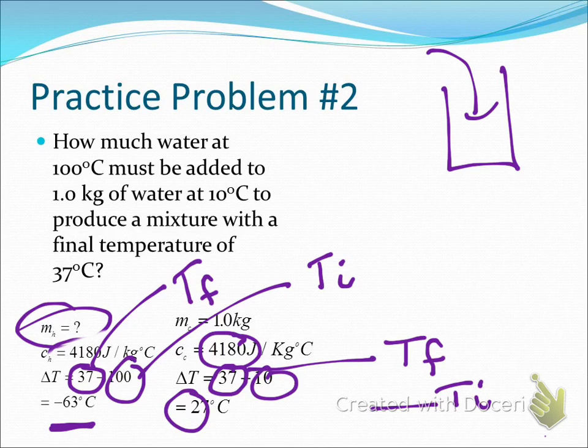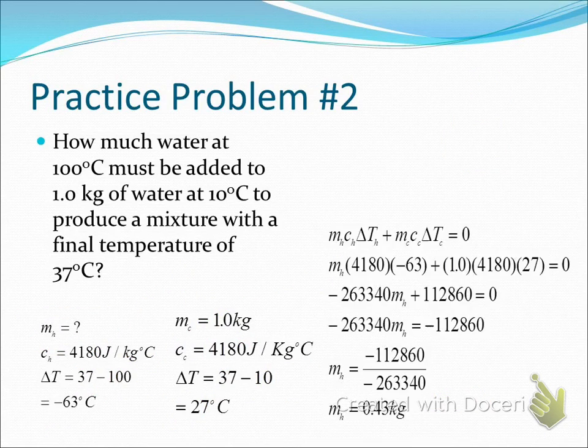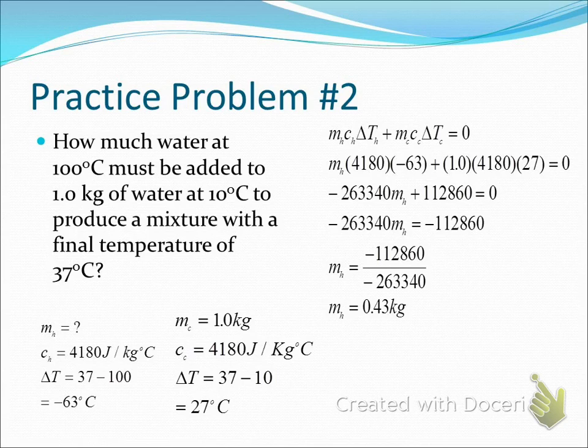That seems like such a simple little thing, but when you're manipulating an equation, getting those positives and negatives in the right place will determine whether you get the correct answer or not. Just like when we went back to kinematics, those positives and negatives are extremely important. So, the calculation of that, again, this is your principle of heat exchange. Again, we know that's equal to 0.